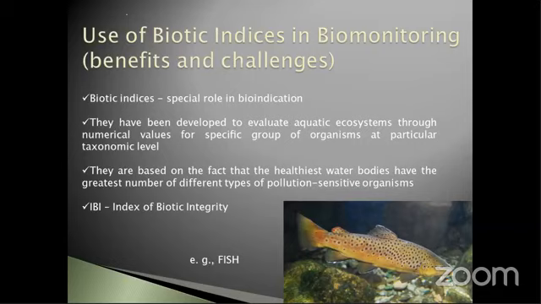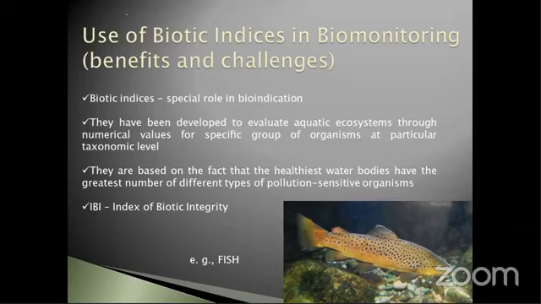The calculation of biotic indices is based on comparison between predicted and observed condition. What does that mean? Actually, the predicted condition is a referent condition. We already talked about the referent condition and how to obtain data on it.